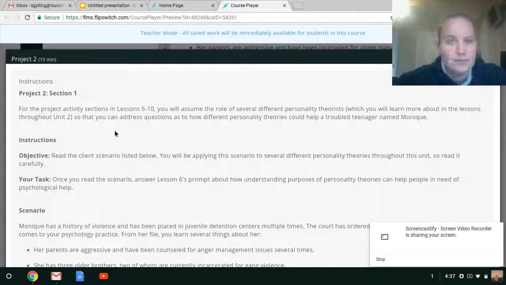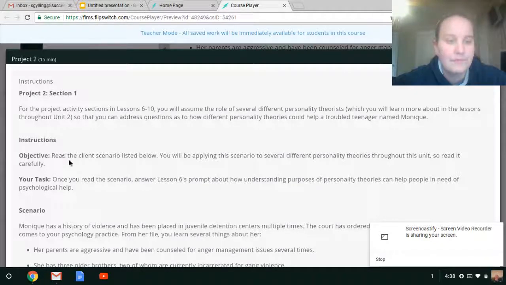So let me read this to you for just a second. It says Project 2, Section 1. For the project activity sections in lessons 6 through 10, you will assume the role of several different personality theorists, which you will learn more about in the lessons throughout Unit 2, so that you can address questions as to how different personality theories could help a troubled teenager named Monique.